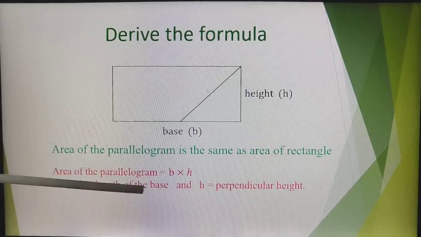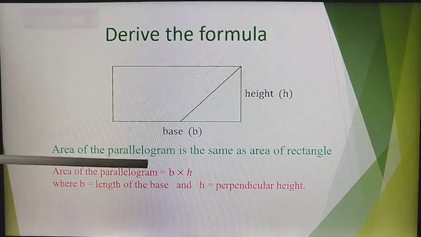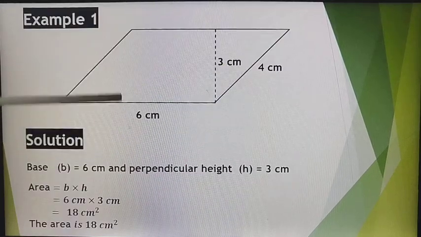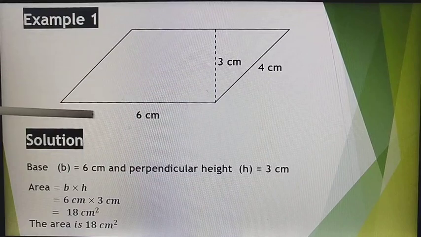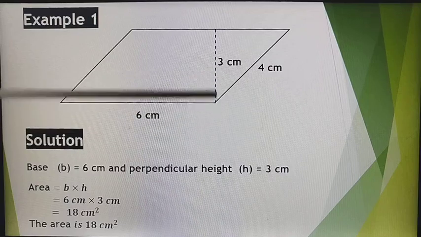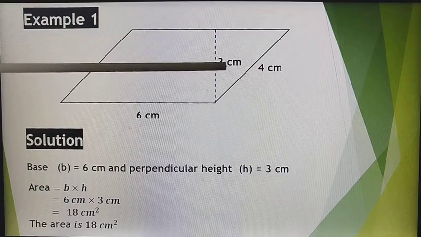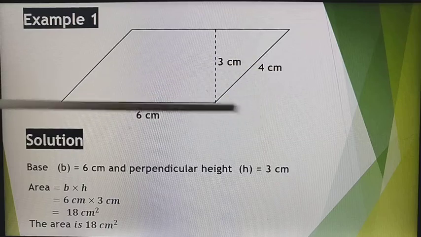So now let us consider some examples. Example 1, we have this parallelogram. We want to find the area. We have 6 centimeters as the base, and then the perpendicular height is 3 centimeters. This one is the diagonal height. We don't need it.